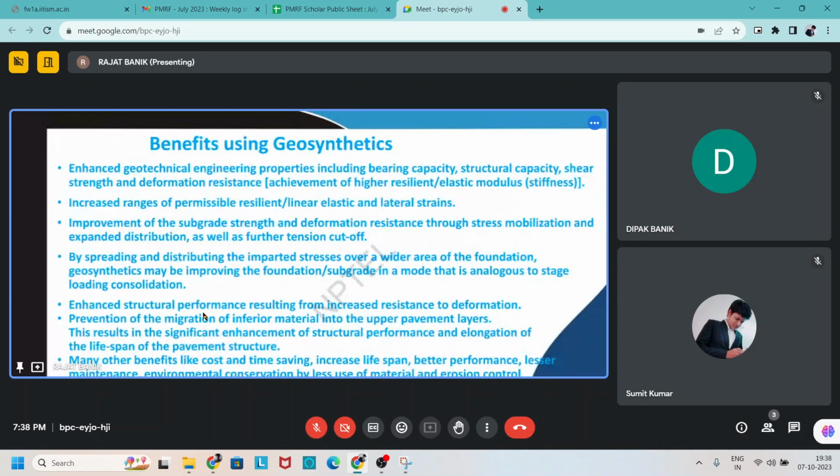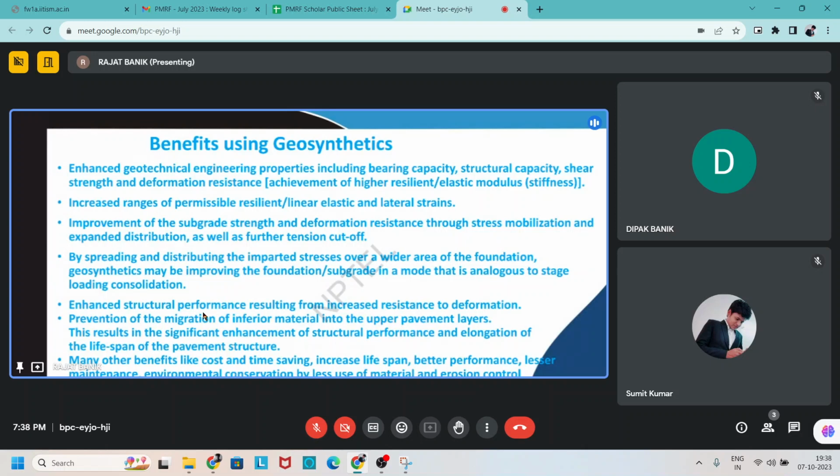It improves the subgrade strength and deformation resistance through stress mobilization, expanded distribution, as well as further tension curve.